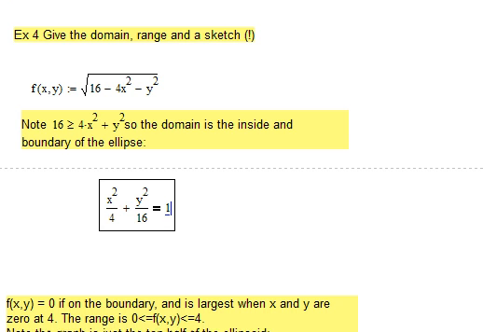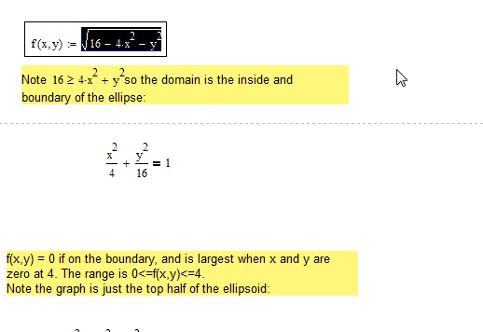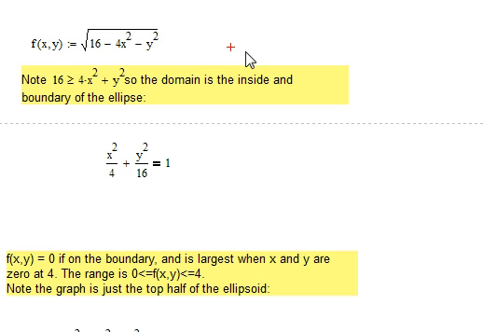So, and the range, well, since it's a square root, the smallest this could be would be if 16 was equal to that, so then we get the square root of 0.